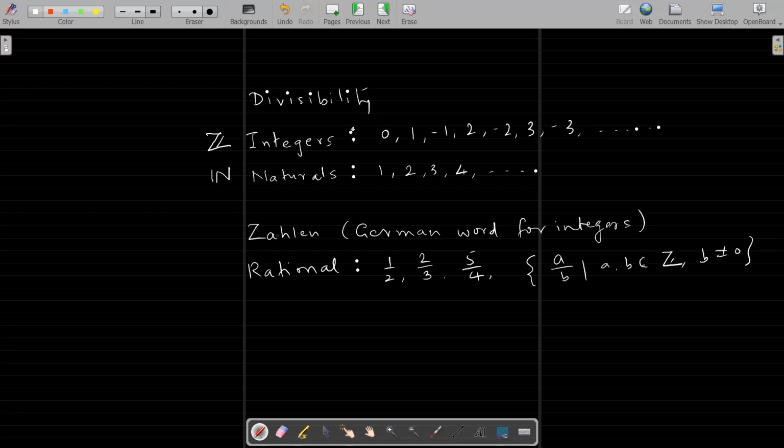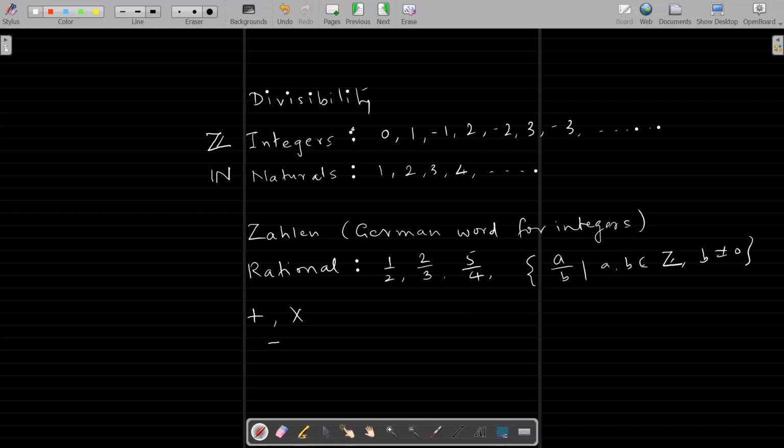In these sets, we have mainly two operations, addition and multiplication. When we talk of integers, there is one extra operation, subtraction, right? By operation I mean, for example, in natural numbers, the addition of two naturals is again a natural.